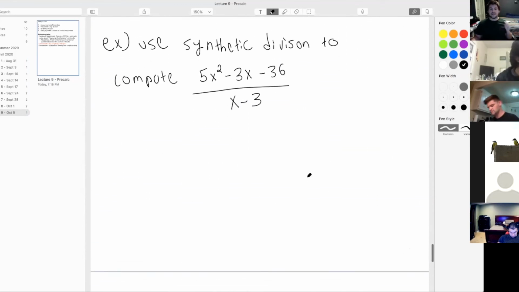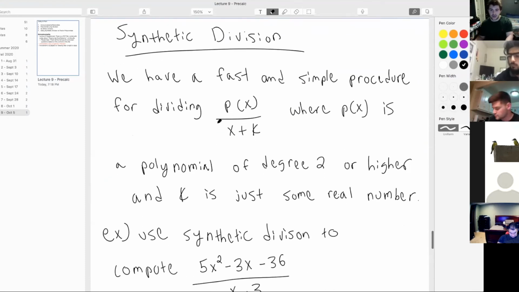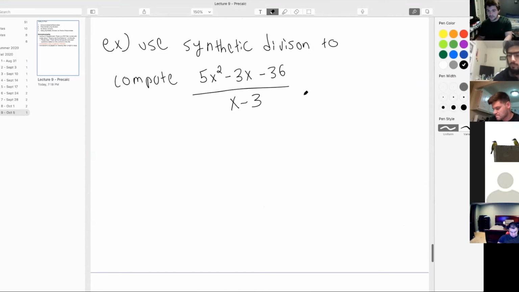All right, so here's how it works. This is so much better and way faster than polynomial long division, but it's not applicable in general. It's only applicable in the special case where you have a polynomial of degree 2 or higher divided by x plus a number. So what is k in this example? Oh, shoot.